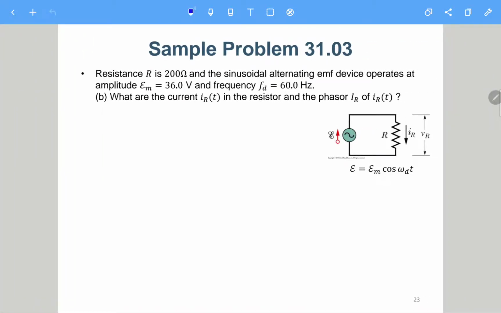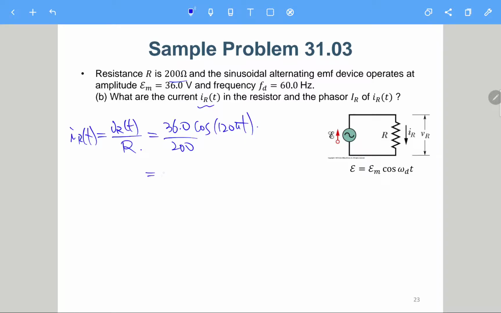So this one is pretty easy. And still we need to calculate I_R. I_R of t is nothing but V_R of t over R, which is 36.0 over 200 ohm, and then cosine 120 pi t.